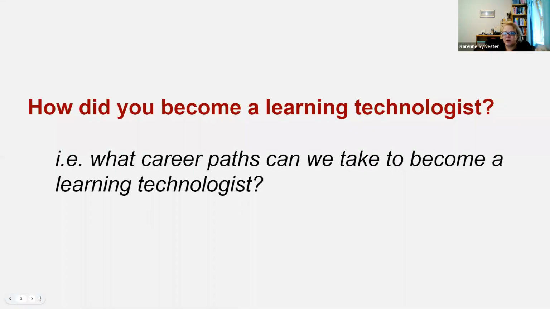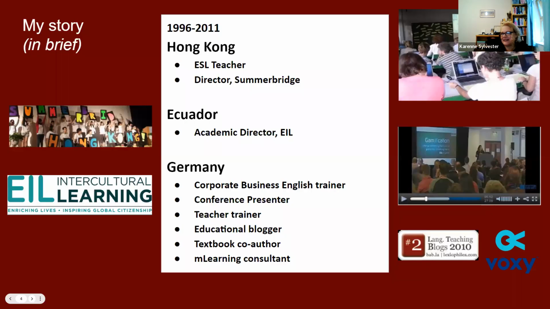So I thought I'd start with my story. In 1996, I was an English teacher in Hong Kong. And after teaching for a little while, I became the director of a charity called Summerbridge, and it was an educational charity, and we worked with the underprivileged kids in the refugee camps, so some from Vietnam, and also the underprivileged kids in Hong Kong that were high academic achievers.